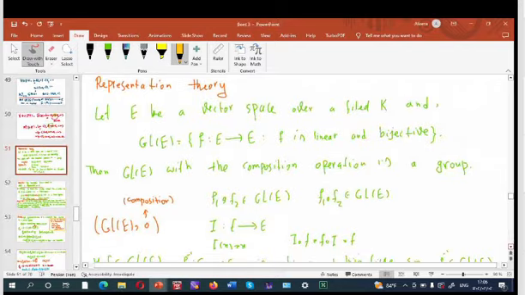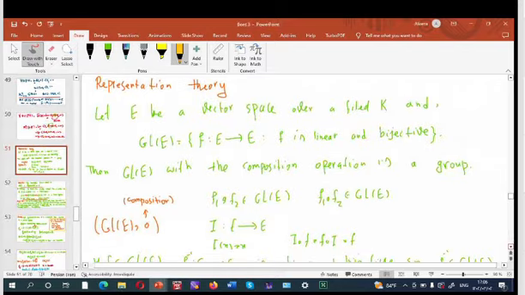And note this observation that any linear function corresponds to a matrix, okay?